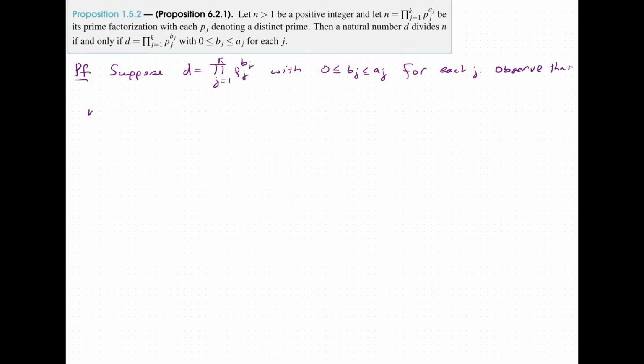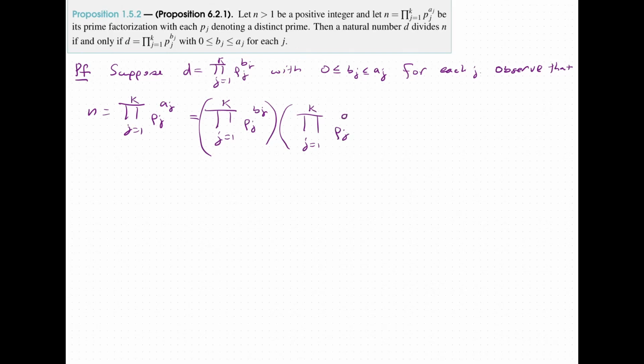that n is equal to the product from j equals 1 to k of p sub j to the a sub j, but this is equal to the product from j equals 1 to k of p sub j to the b sub j, and then over here we're going to put in the product from j equals 1 to k of p sub j to the a sub j minus b sub j. And so here we're using the fact that each of the p sub j's are distinct.